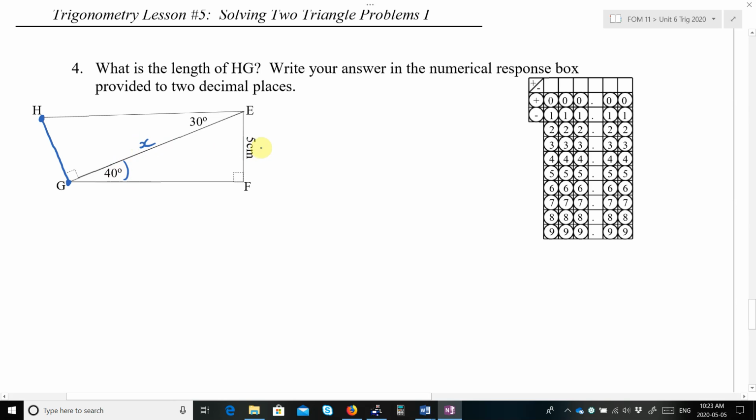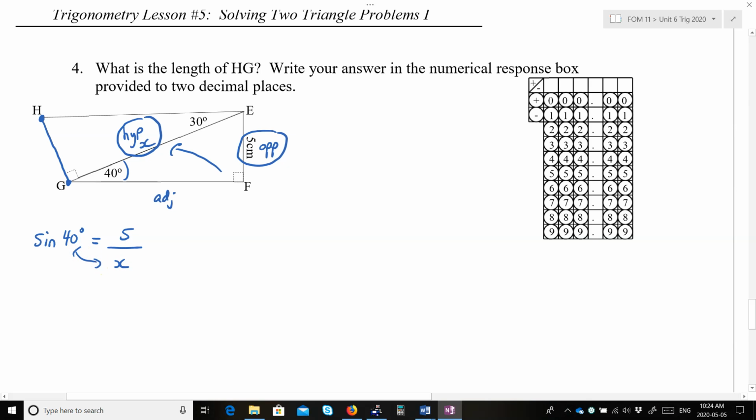So if we've got the 40-degree angle over here, this is the opposite side. Across from the 90 is the hypotenuse, okay, which leaves this side to be adjacent, but we don't know what it is. So we're going to be working with opposite and hypotenuse, which is sine. So sine of 40 degrees equals the opposite is 5, the hypotenuse is x.